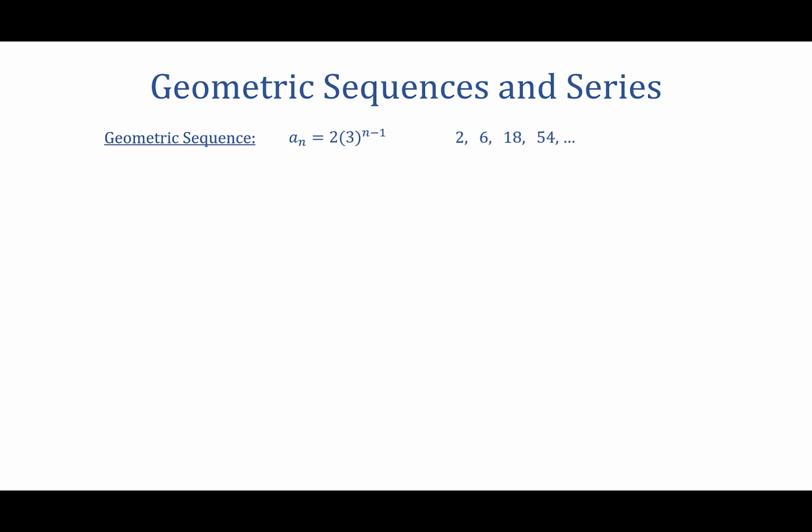This is the general form of a geometric sequence: a times r to the n minus 1. To get from one term to the next, we always multiply by r. So a is the first term, and r is the common ratio, the number that we multiply by to get to the next. Here's an example.